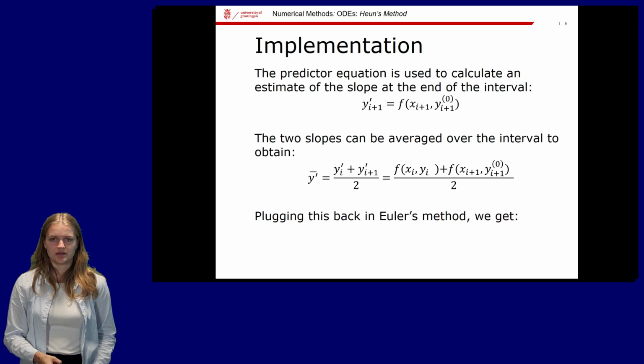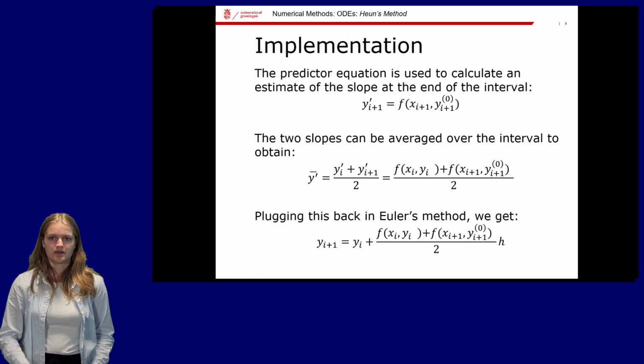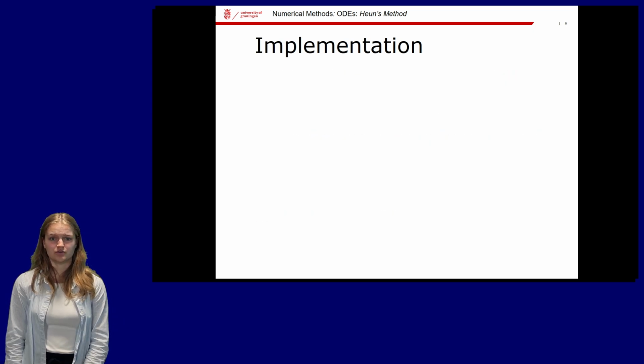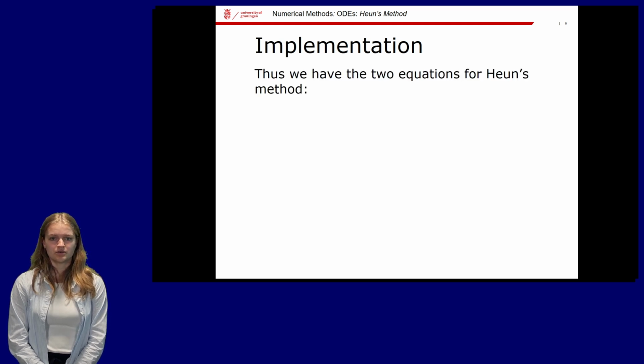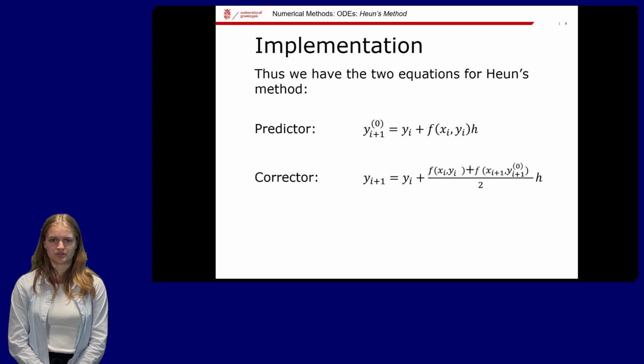And if we plug that back into Euler's method, we have this as the average slope times the step size, and then we get this final expression of Heun's method. So we have these two equations for Heun's method, a predictor and a corrector equation, that we use to implement the method.